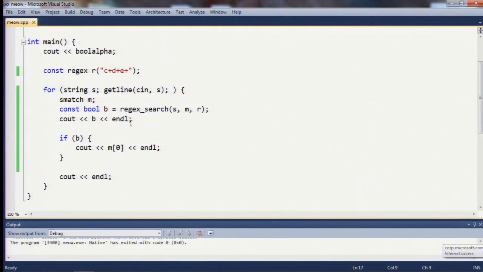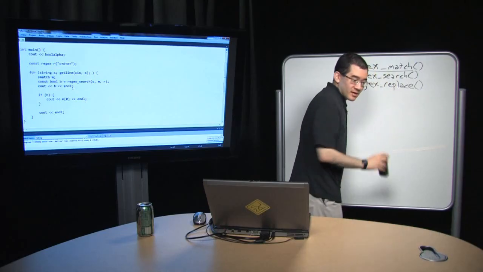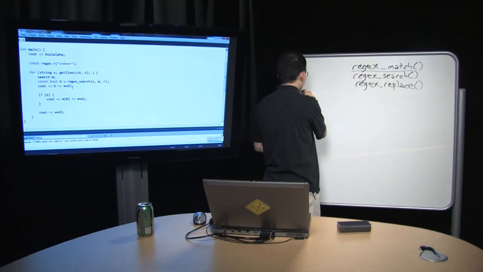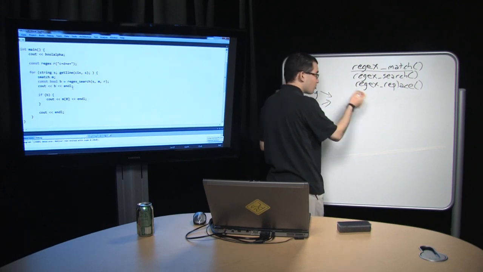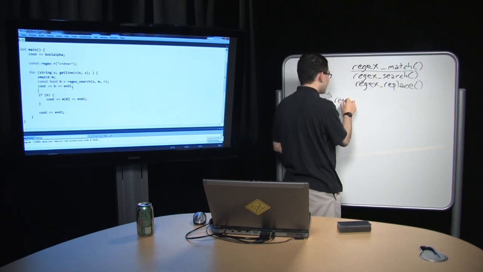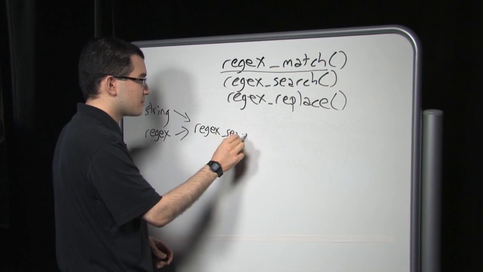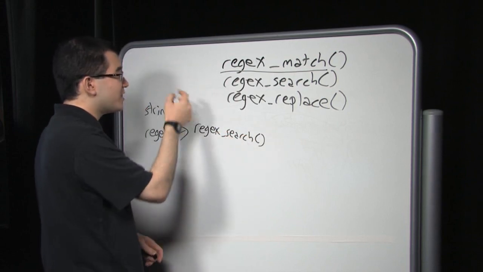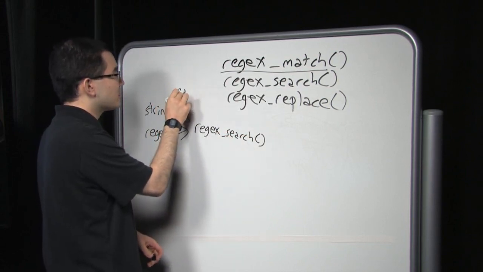So we've seen here that you take your input string and your input regex, and you feed them into your regex algorithm, one of these, for example, regex search. You can also feed in a match results.